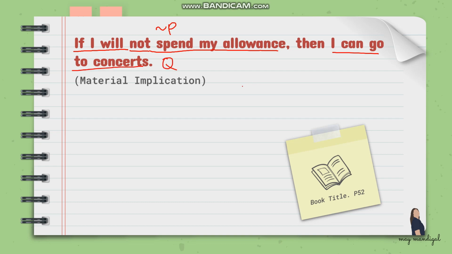If we write this into its propositional form: if I will not spend my allowance, then I can go to concerts. So we have not P, then Q. Since we have to write it using the material implication, we have to negate our antecedent, change the operation from implication to OR, and retain our consequent.